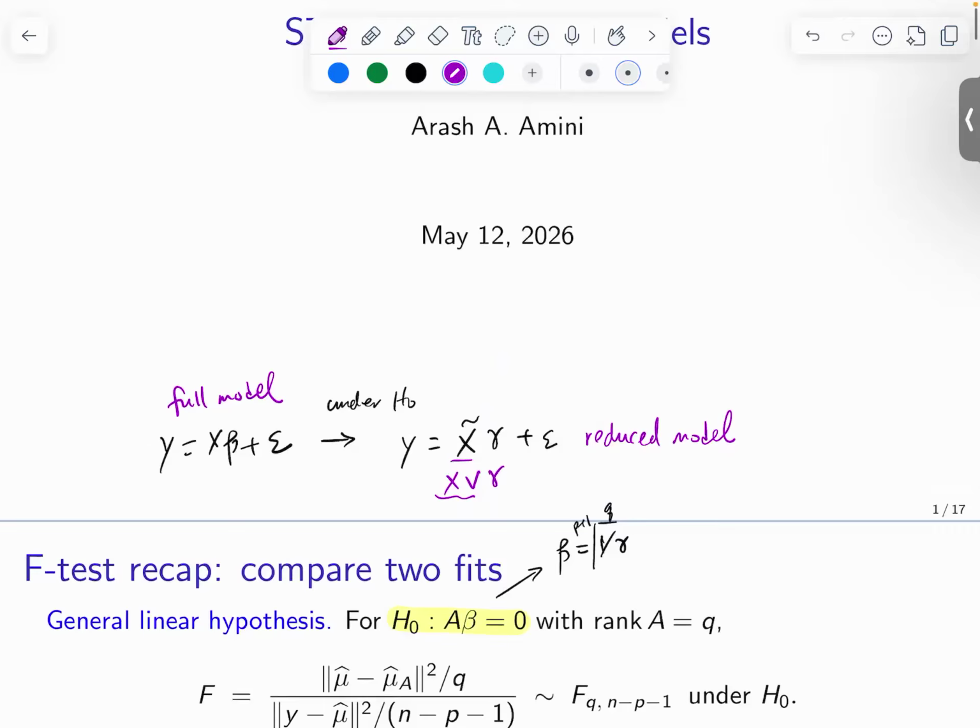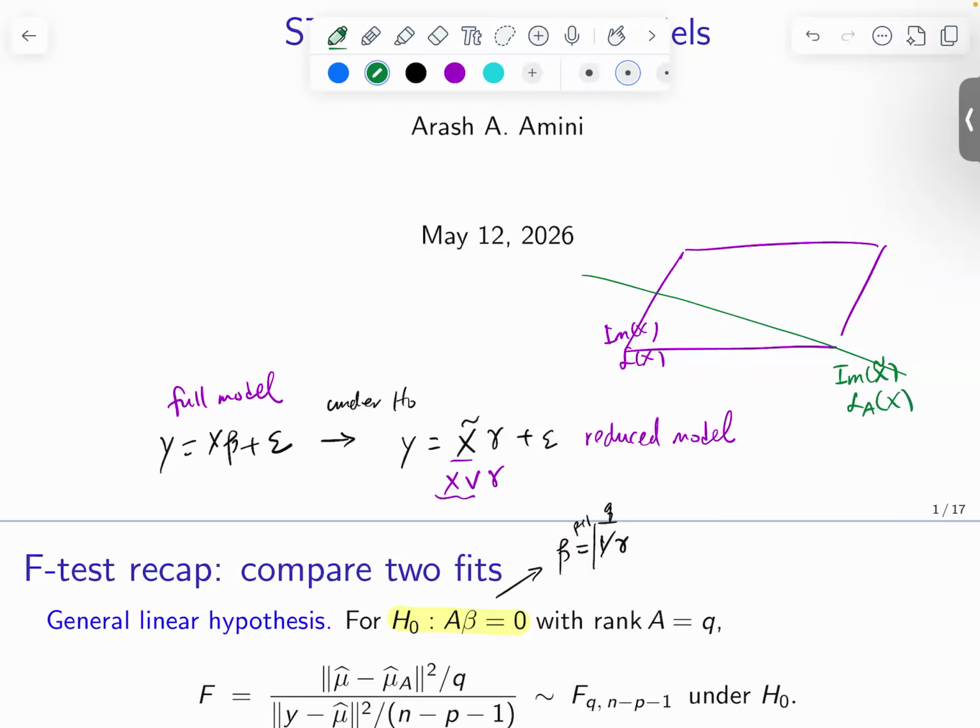There was this very interesting, nice geometric picture that we had, that in this full model, you're projecting onto the image of x, or rather L of x. And then the restricted model or reduced model has the image of x tilde as its model for the mean, or L A in the book's notation.